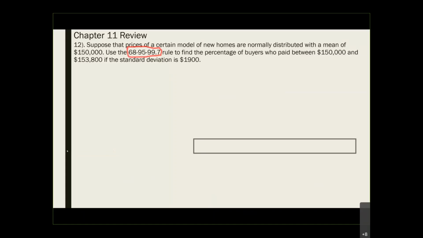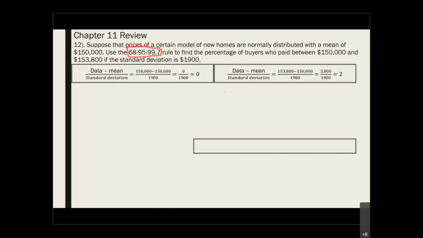Same thing as before: to find this, we find the z-score. 150 minus 150 equals 0, and 0 divided by the standard deviation is still 0. The other one is 153,800 minus 150,000, which gives you 3,800, divided by 1,900, which gives you 2.